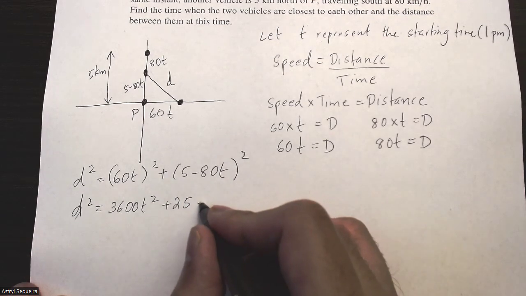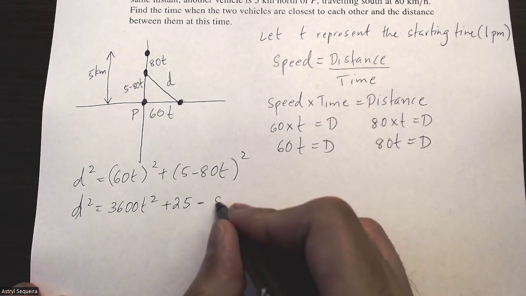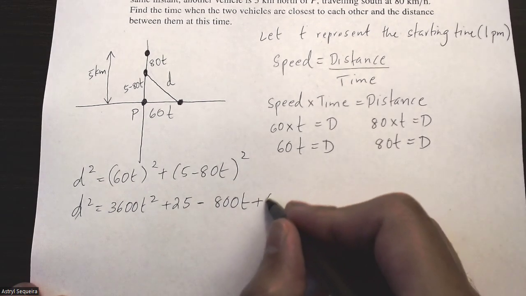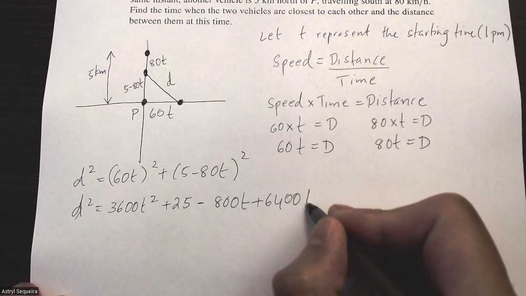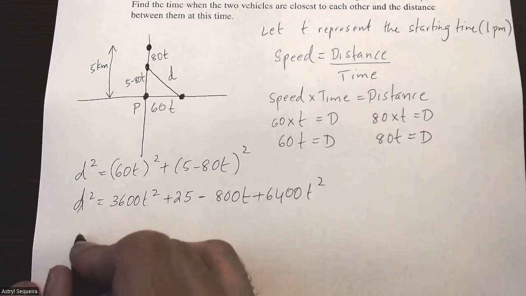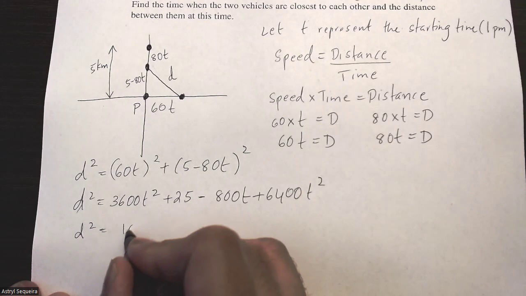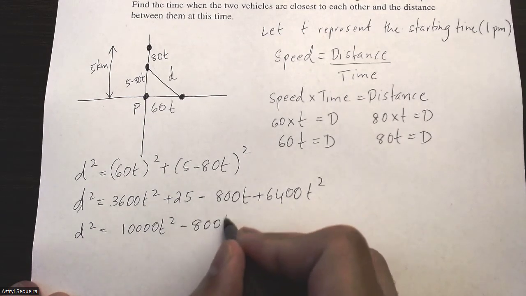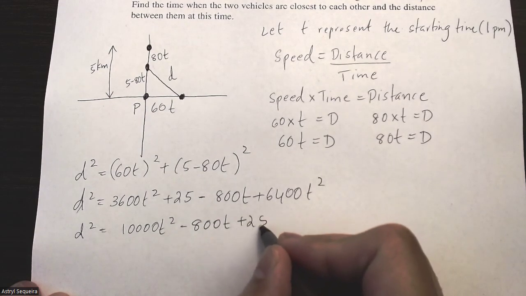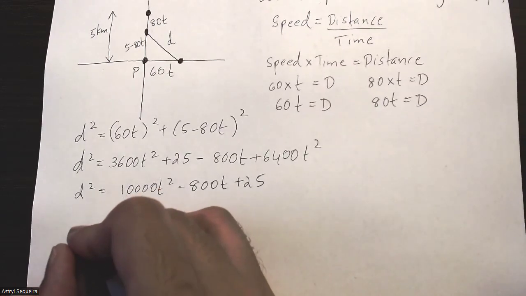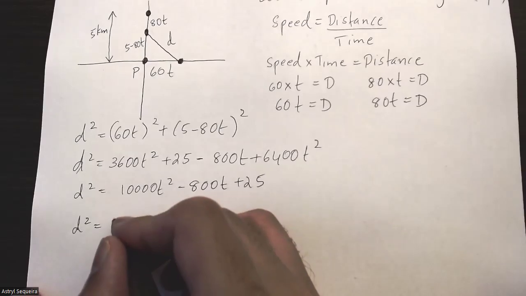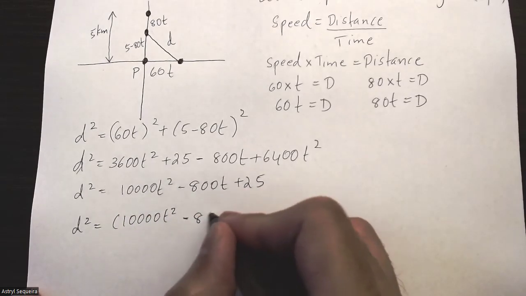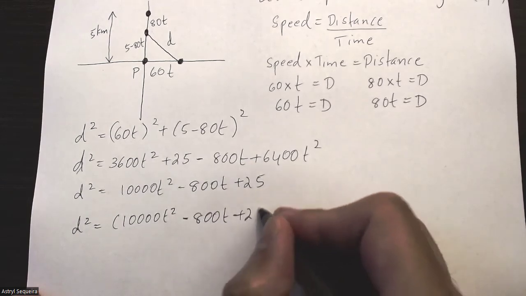Foiling out these two brackets. And then plus 6400 t squared. I'll combine like terms. The two t squared terms can combine. And then I will square root it to get rid of the square on the other side.